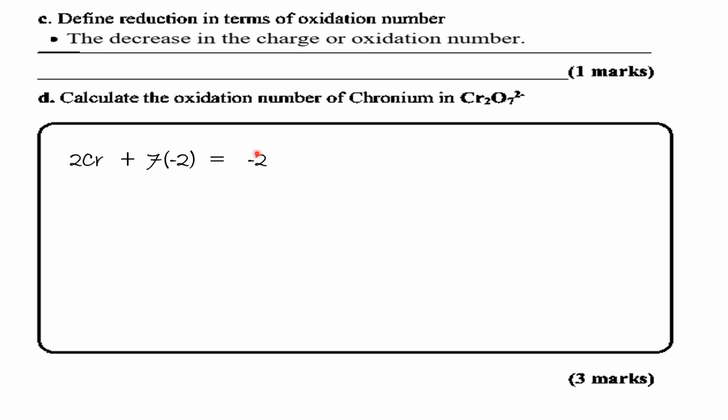This is equal to minus 2, the charge there. The oxidation state of oxygen in any compound except peroxides is minus 2. So multiply 7 by minus 2, add the result to the oxidation state of chromium, of which there are 2, and equate this to minus 2, which is the charge there.